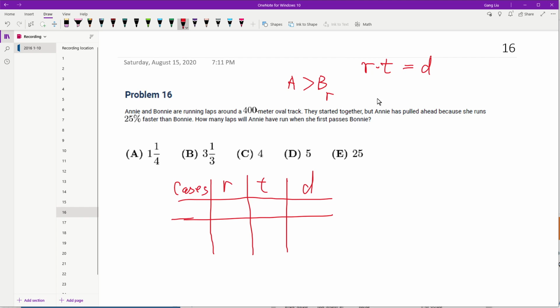And the first, let's consider the speed difference.